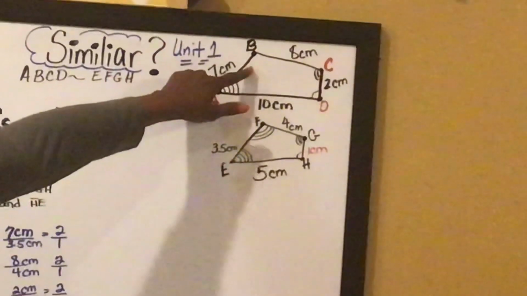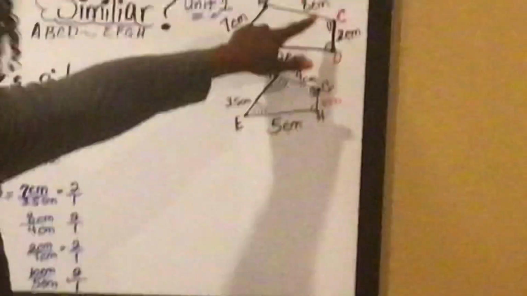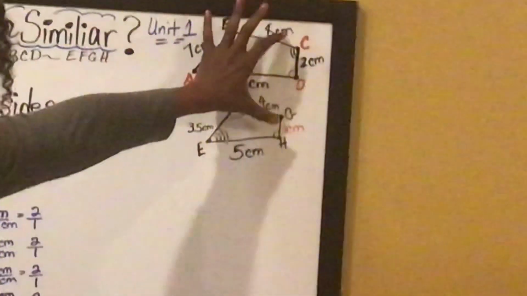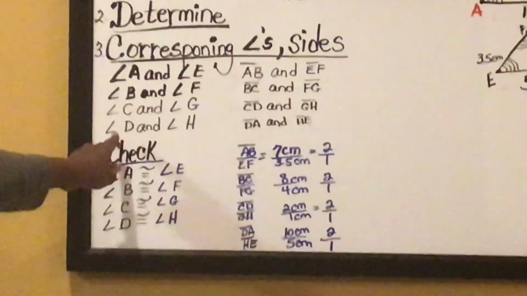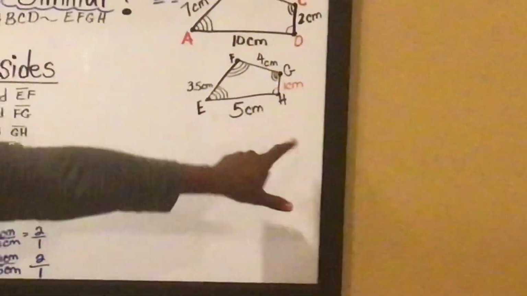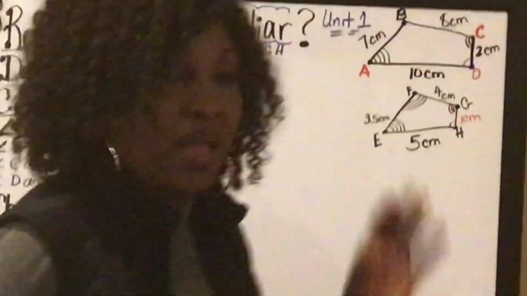B and F. C and G. I hope everybody can see that. They're exactly the same and in the same place. And then angle D and angle H. So those are the corresponding angles. I think everybody understands that.